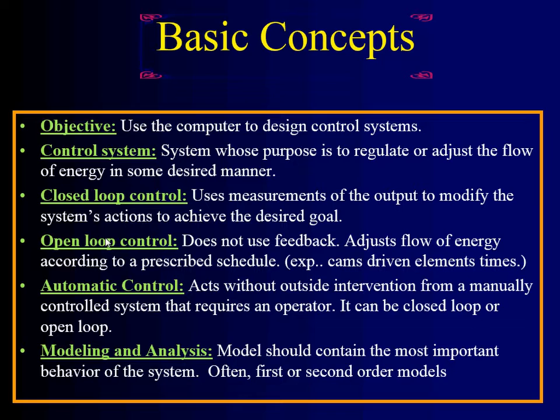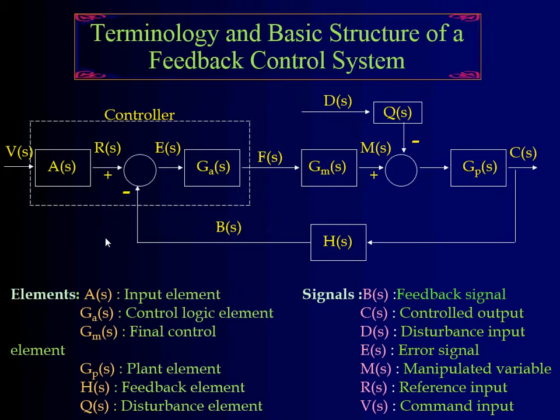This is perhaps the most important picture that you need to learn, because it shows all the possible components of a control system. What is interesting here is that you have the physical system here.